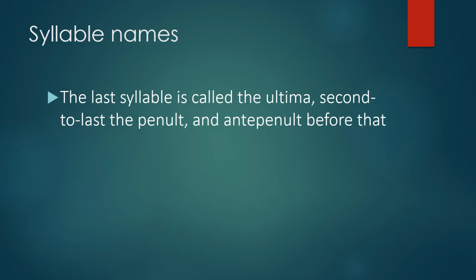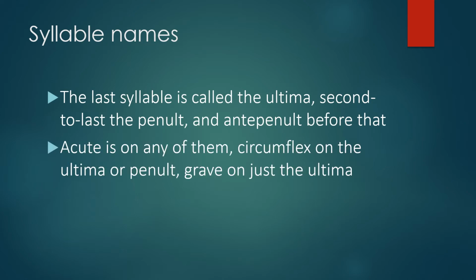And then antepenult, what does ante mean? Think of the antebellum period in the American South, the before the war period in the South. Antepenult, it's the before the almost last syllable, therefore it is the third to last syllable. So, the acute accent is on any of these three syllables.